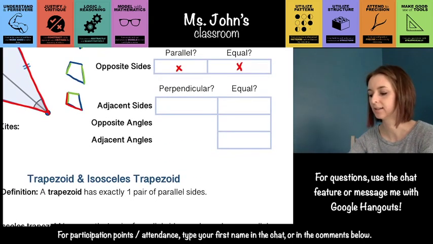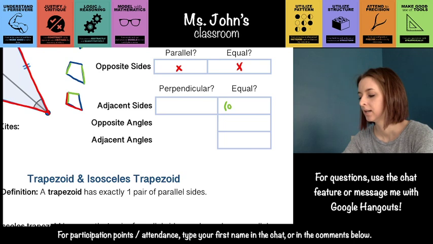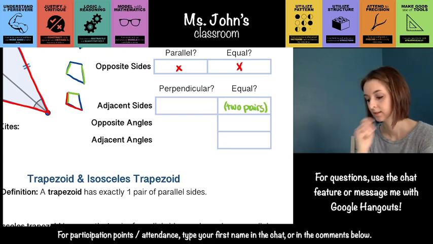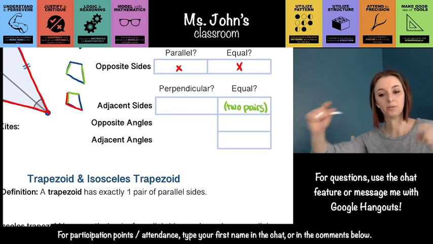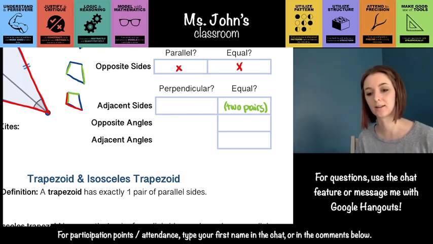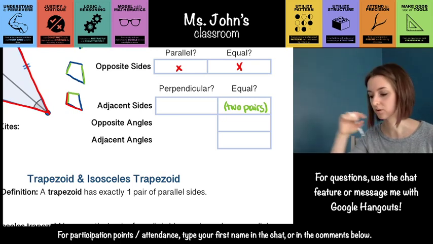So we're going to say it's halfway true, because actually it's two pairs, isn't it? There's two pairs that are equal and adjacent, but not all of the pairs, because there are two pairs on both sides that pair them the wrong way, so that you have a long side and a short side.